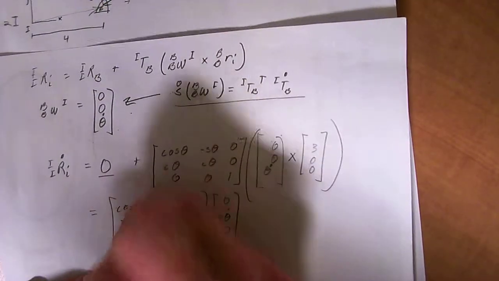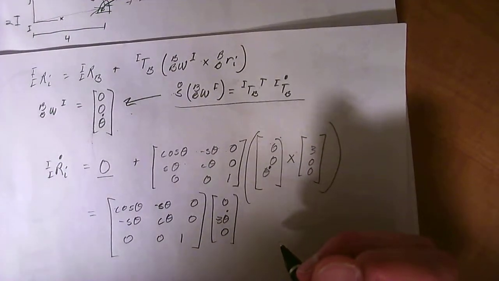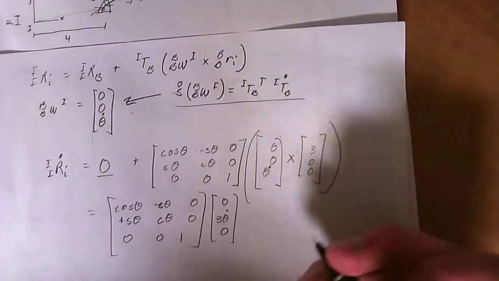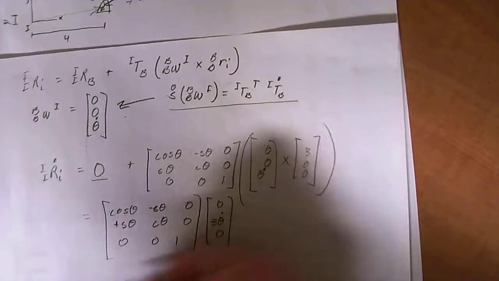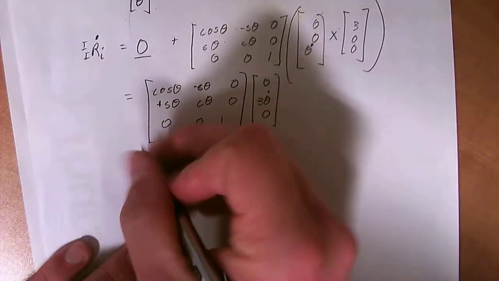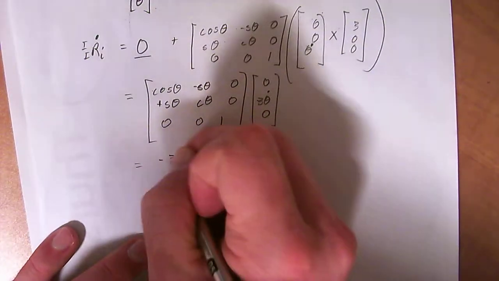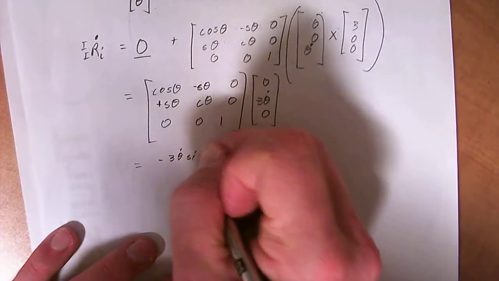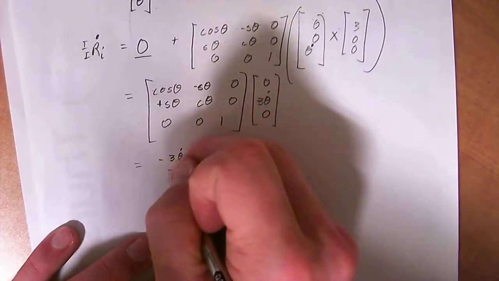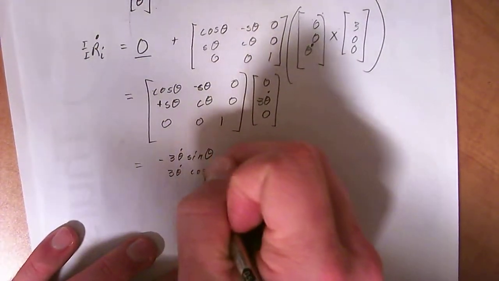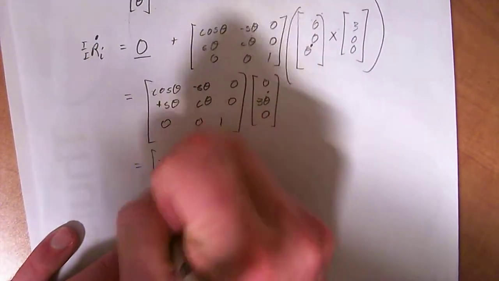This is all matrix, so on and so forth. I'm sorry, that's positive. Alrighty, and this will give you as a value negative 3 theta dot sine of theta, 3 theta dot cosine of theta, 0.